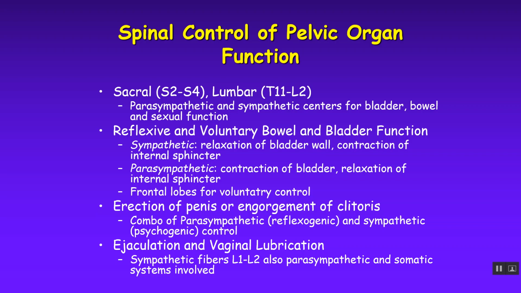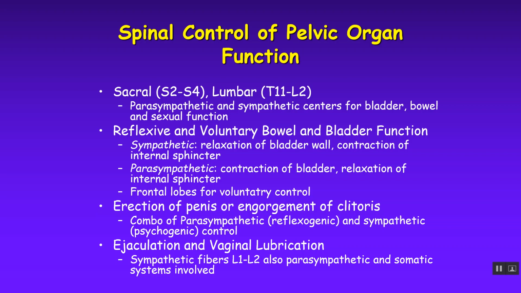Now for sexual function, it gets a little more complicated. For erection of the penis or engorgement of the clitoris, it's a combination of both parasympathetic and sympathetic control. For both of those, there's a reflex part of it, okay? The reflexogenic part is primarily driven by the parasympathetic nervous system.